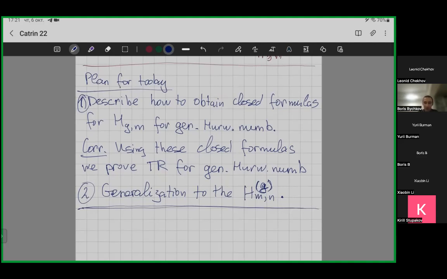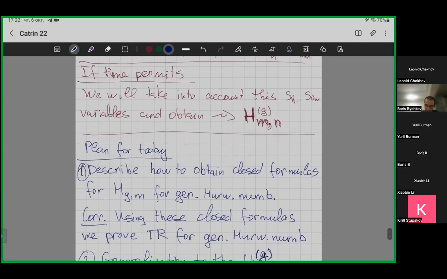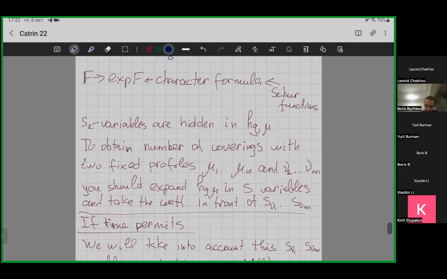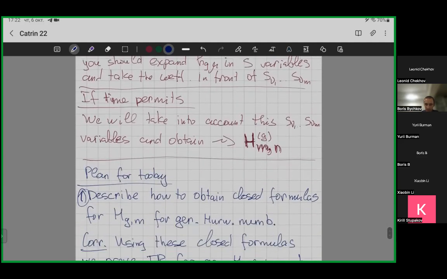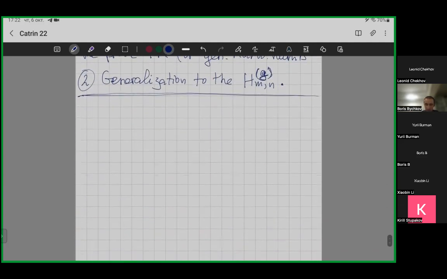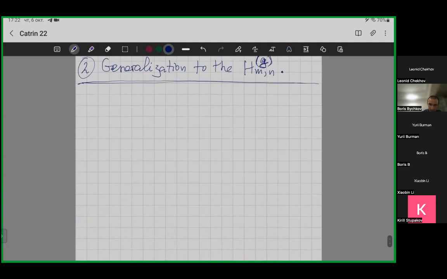Okay, so how do we work with this Z and F series which I defined here? We use the Fock space formalism.